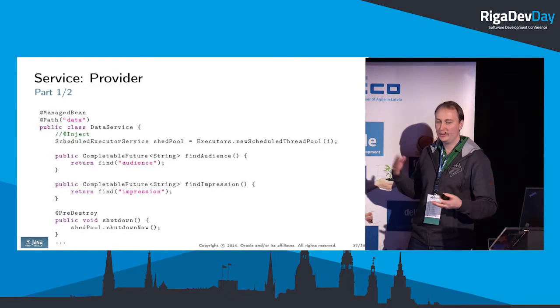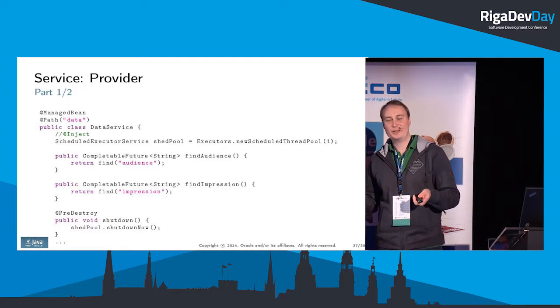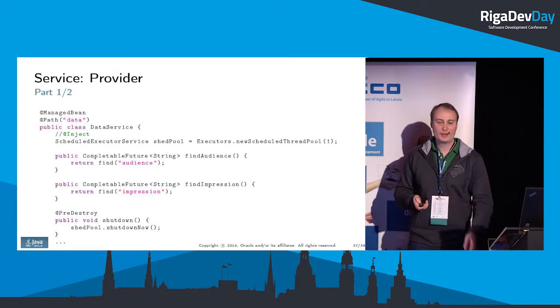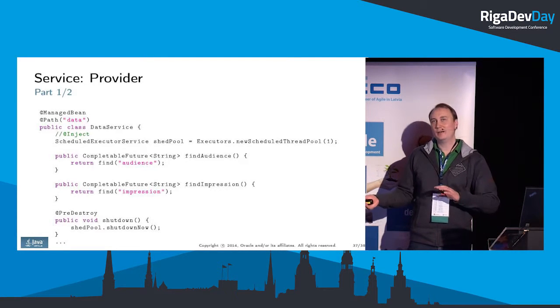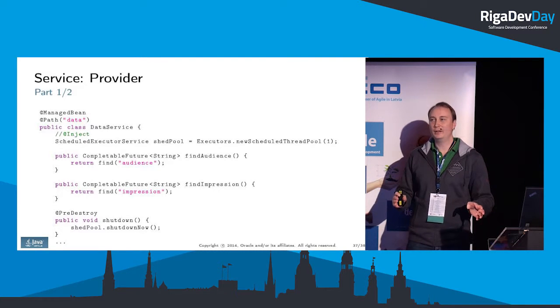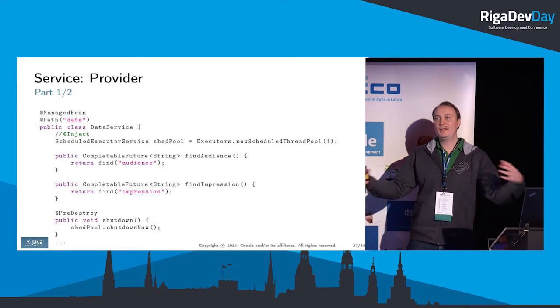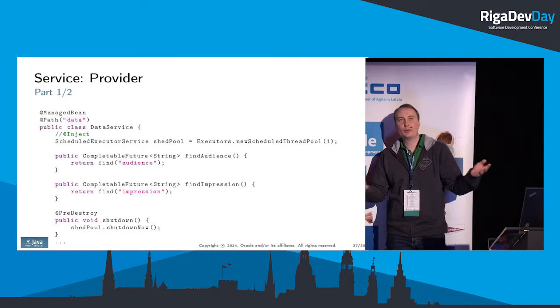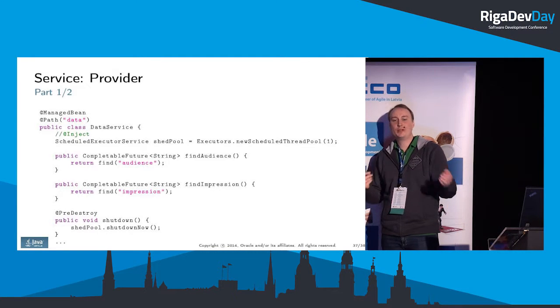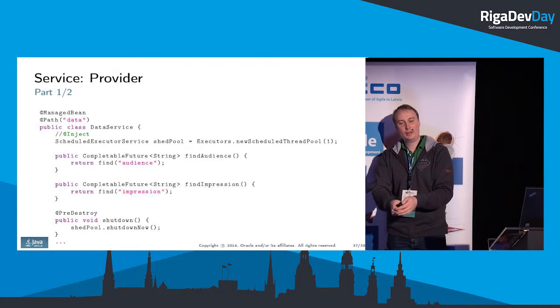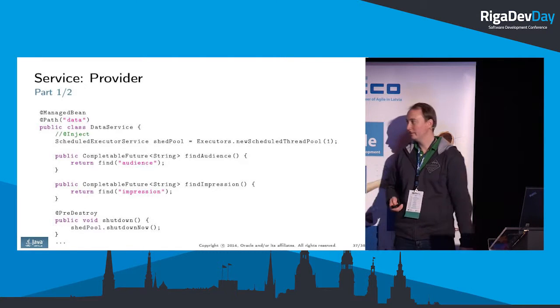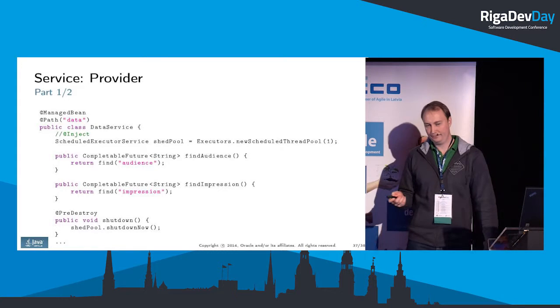First is find audience, and second is find impression. So there are some independent data pieces that easily may be some query to database. Just to make some complex work, wrap it as a CompletableFuture, and return as promise.